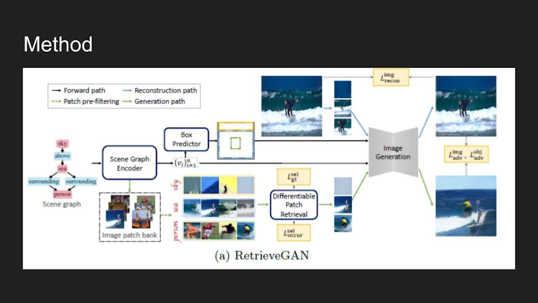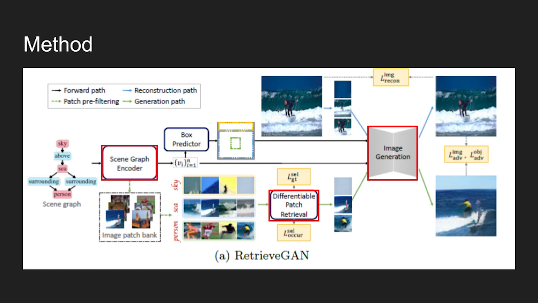The figure shows the framework of the RetrieveGAN model. It's composed of three stages: scene graph encoding, patch retrieval, and image generation. The scene graph encoding module takes a scene graph as an input, extracts the features, and predicts bounding box coordinates for each object in the graph.